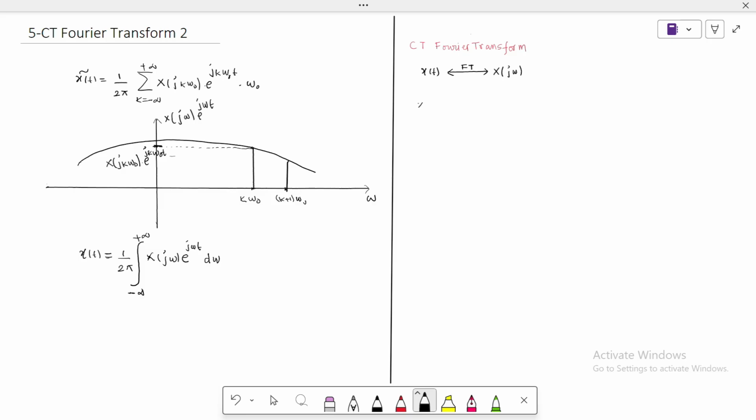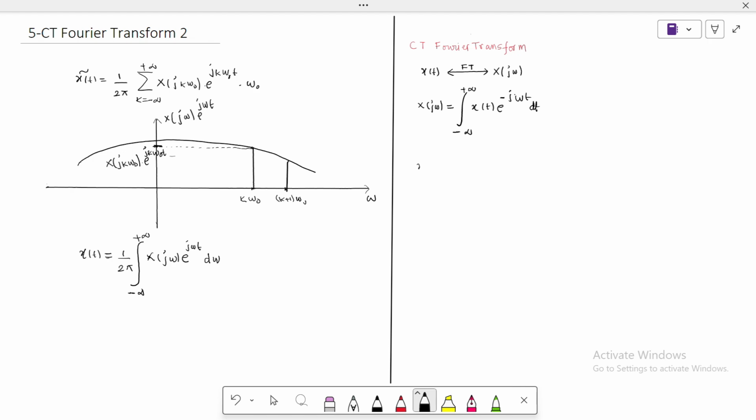So x of j omega, already we have derived it in the previous slide, equals the integral from minus infinity to plus infinity of x of t into e power minus j omega t into dt.